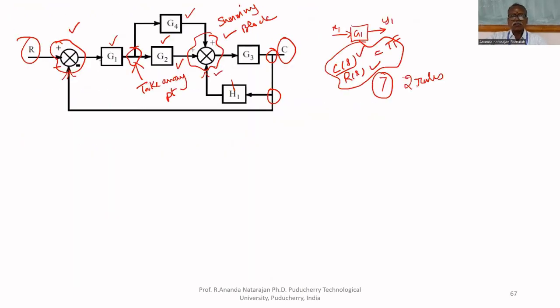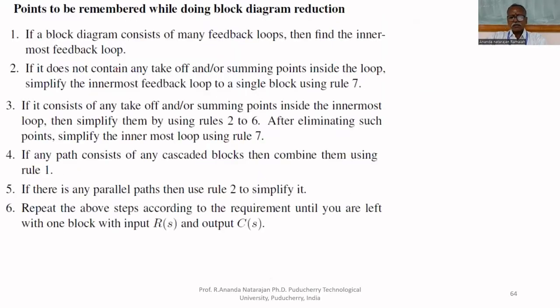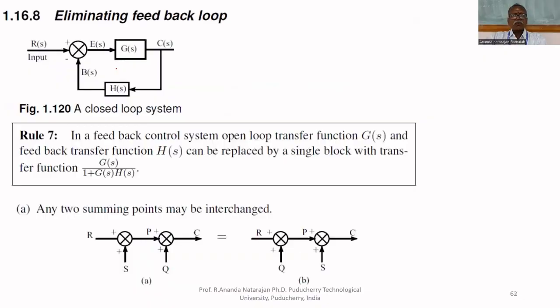By using the 7 rules, we will reduce this to a single block, a single transfer function C of S upon R of S. We'll find that. But to reduce that, we have to move this takeaway point ahead of a block or sometimes before that block. For that, some rules are required. We should know the rules.